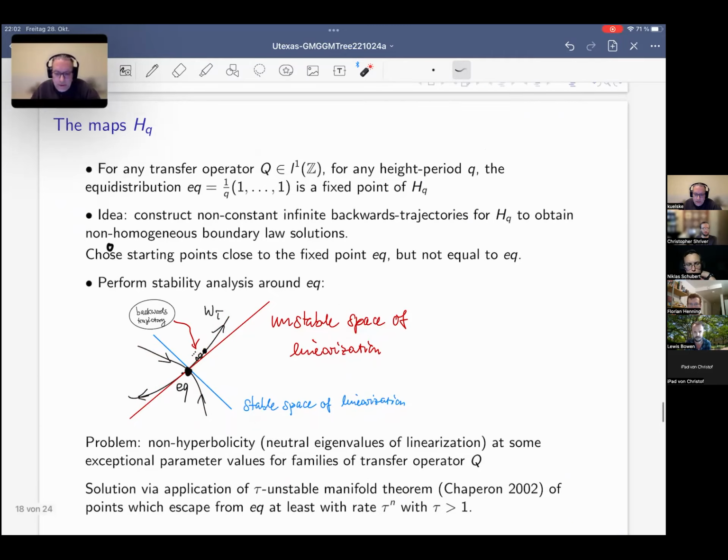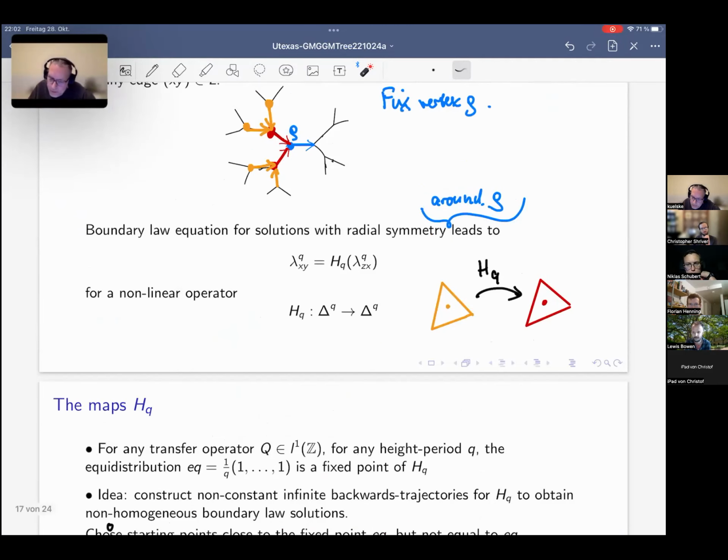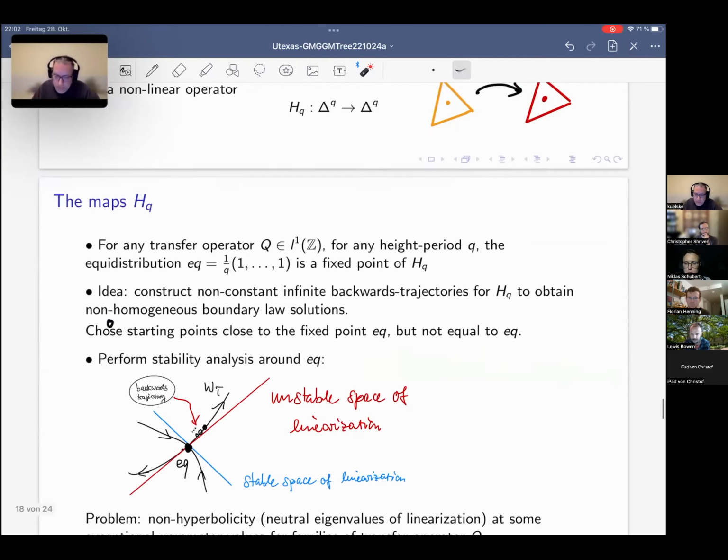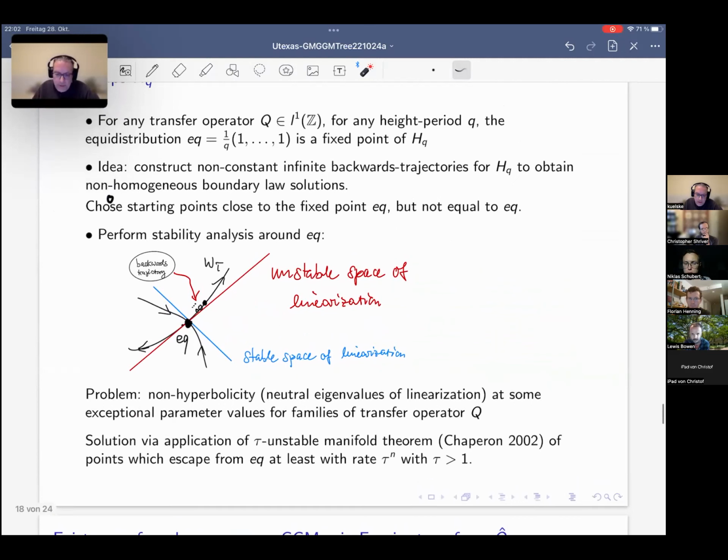So the idea is to make sure that you have a positive dimension in this unstable space, unstable for the forward direction, stable for the backwards direction. Then if you choose something which is not quite at the equidistribution, but a bit away from it, you have infinite backwards trajectories which look like this and converge to the equidistribution. So that's somehow the idea.